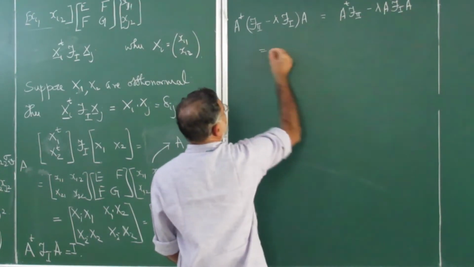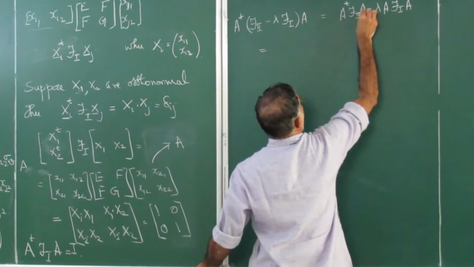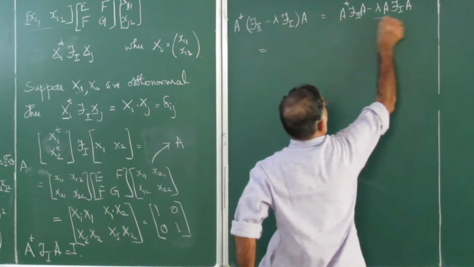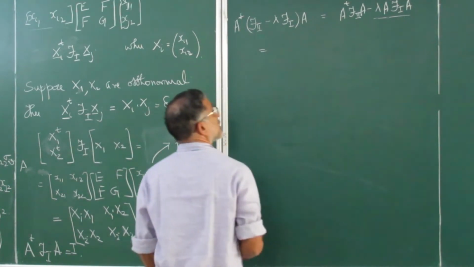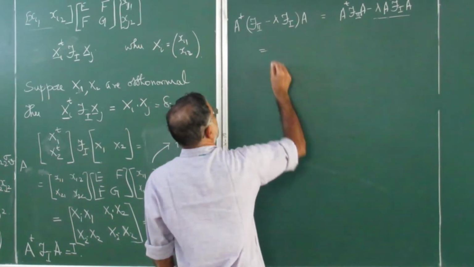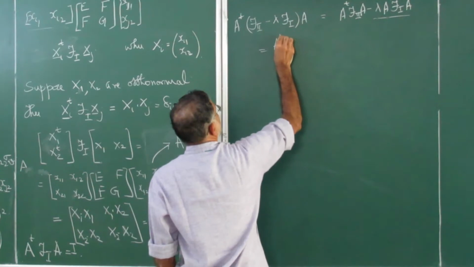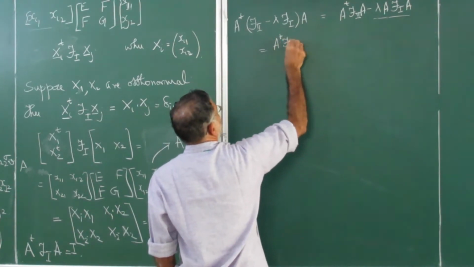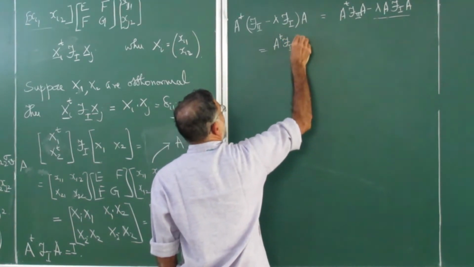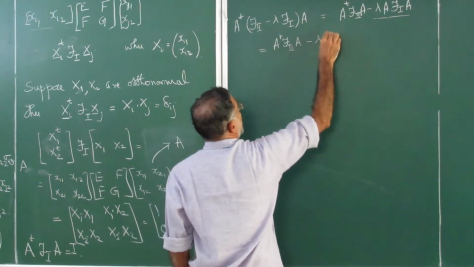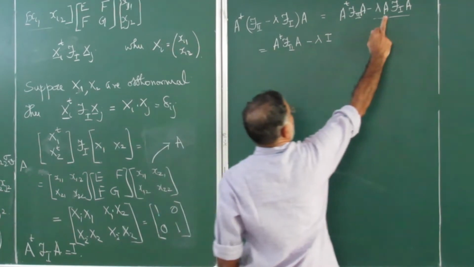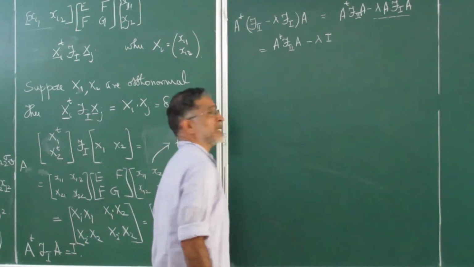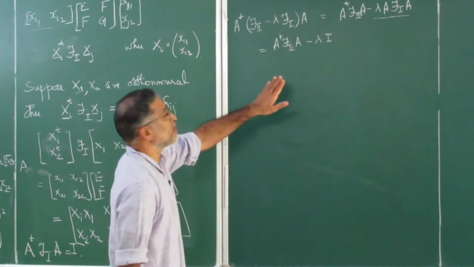Now you look at this part. That part we have already seen, that A transpose F1 A is already identity. So this reduces to A transpose F2 A minus lambda I. That's the achievement that we had.